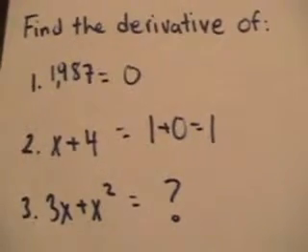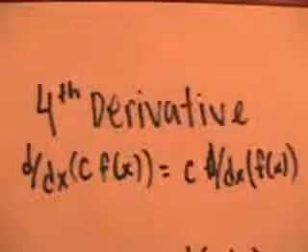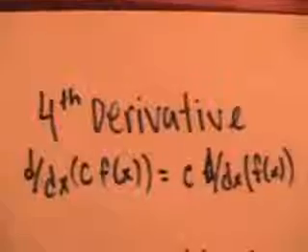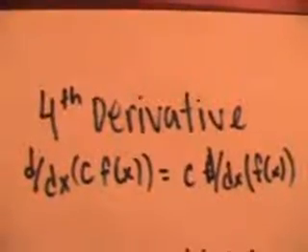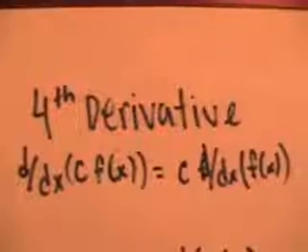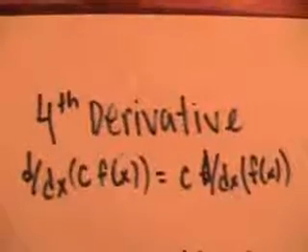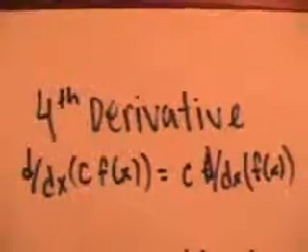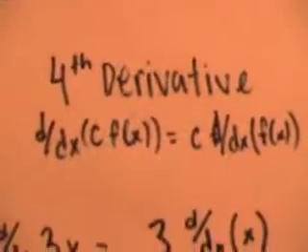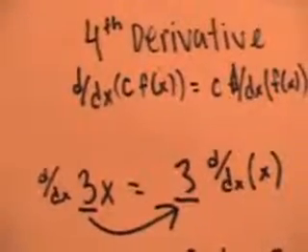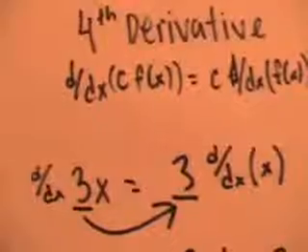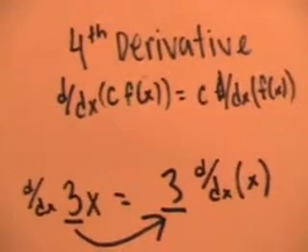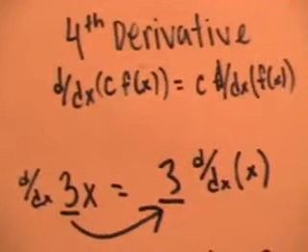That's derivative number 4. The fourth derivative is d over dx of c times f of x equals c times the derivative of f of x. Now, f of x is any equation or any variable put. As an example, we have find the derivative of 3x. The 3 is a constant, as we learned before. So the 3 comes out in front.